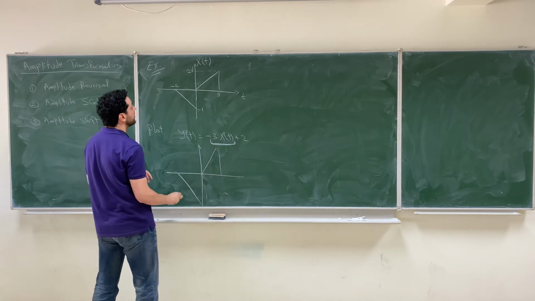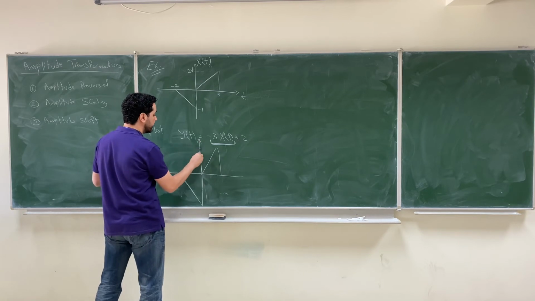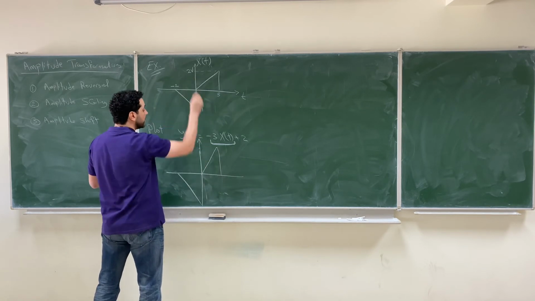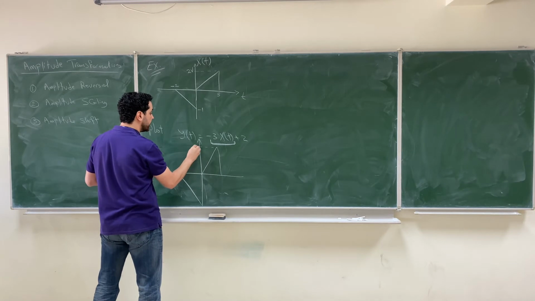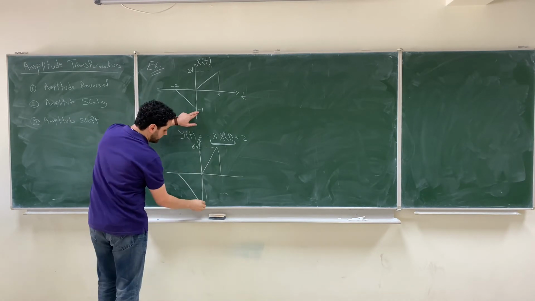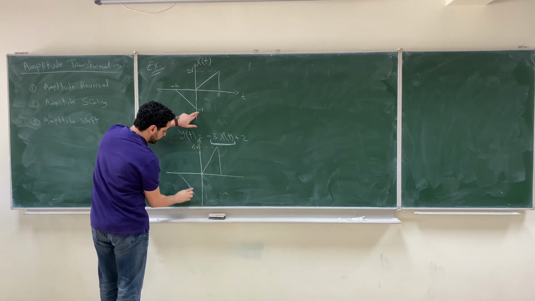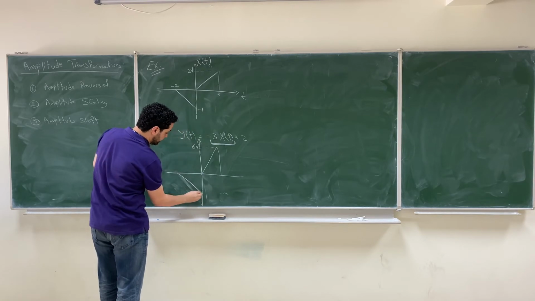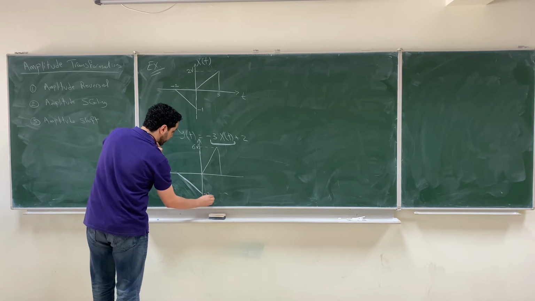All the amplitudes will be multiplied by 3, which means that this 2 volt will become 6 volt, right? And this -1 will become -3. Let's try to draw to scale a little bit. So this will be -3 volt.